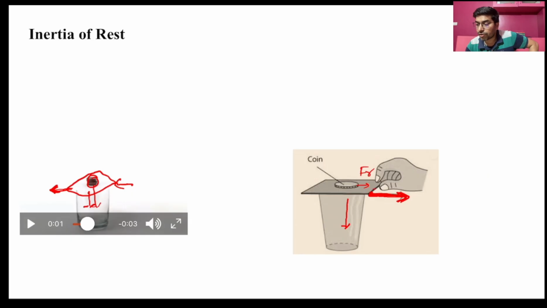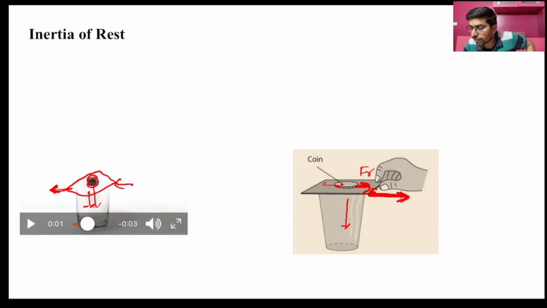Because we are applying force on the card only. Now friction force is moving this coin. Why? Because this card is trying to move in this direction, and due to inertia, the coin tries to stay at the same position, so the relative motion will be in the opposite direction. So to stop this relative motion, friction will be in this direction and this coin will move with the board, right?